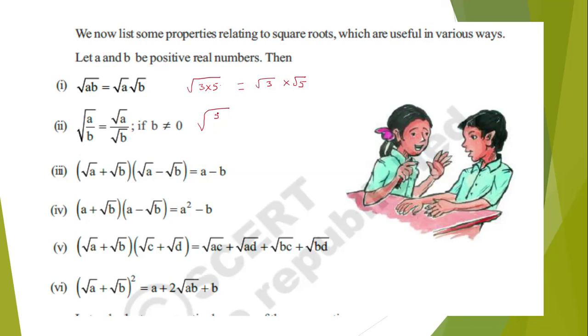Square root of 5 by 7 is there. 5 by 7 is a real number. Real number means whether it is rational or irrational, whichever it may be.